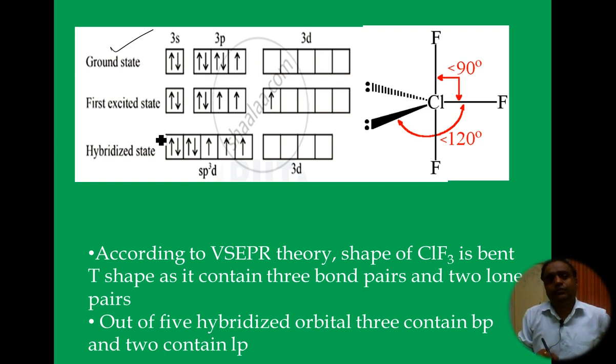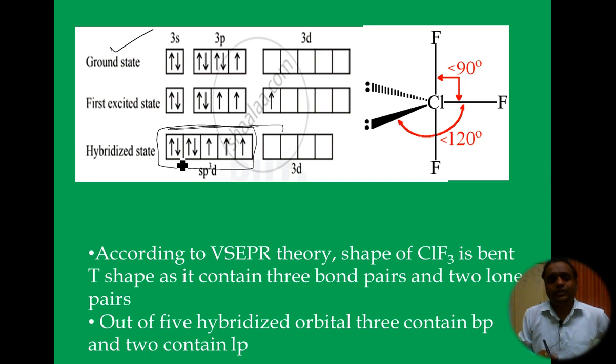Now in the first excited state, 1 electron from 3p will migrate to the 3d, and thus you will get these sp3d hybrid orbitals. So they have already shown this sp3d.